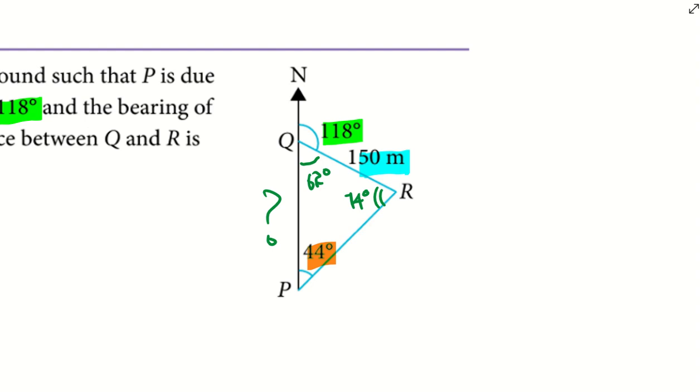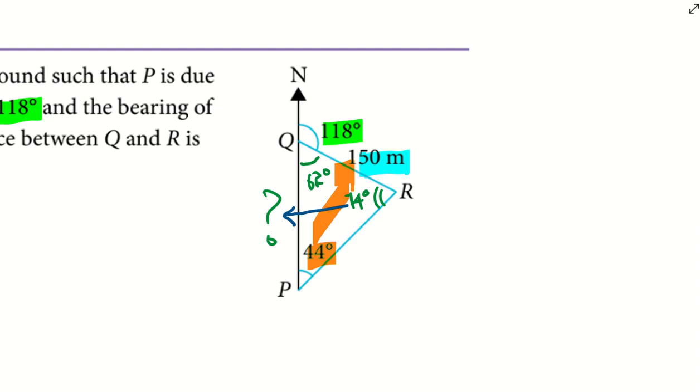What are we going to do next? Notice 150 is opposite 44 degrees. And the side QP, which is the unknown side that I want to find, is opposite 74 degrees. 62 degrees is not that useful.